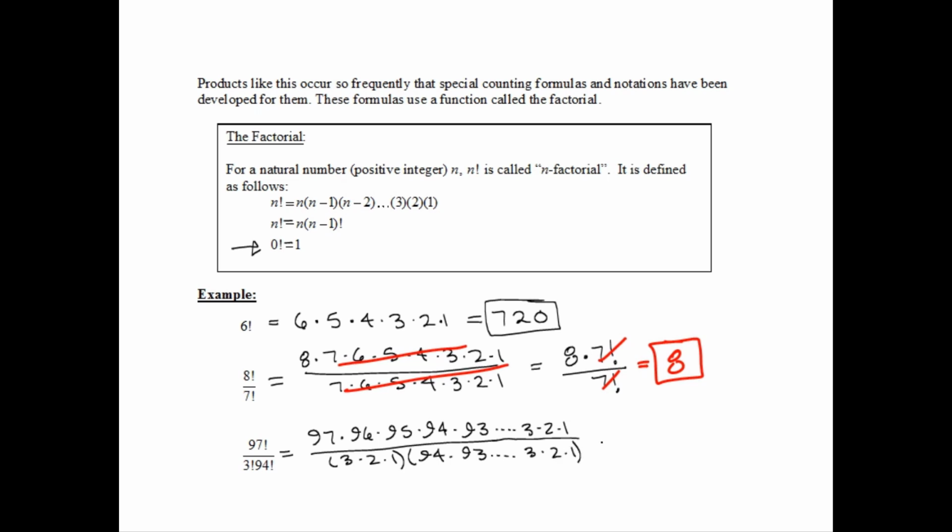Now notice we have the same factor once again appearing in the numerator and the denominator, and you could cancel them off right now, or, just to show you how you could write this in a more compact way, we could write 97, 96, 95 times 94 factorial, and then in our denominator we're going to have 6 multiplied by 94 factorial.